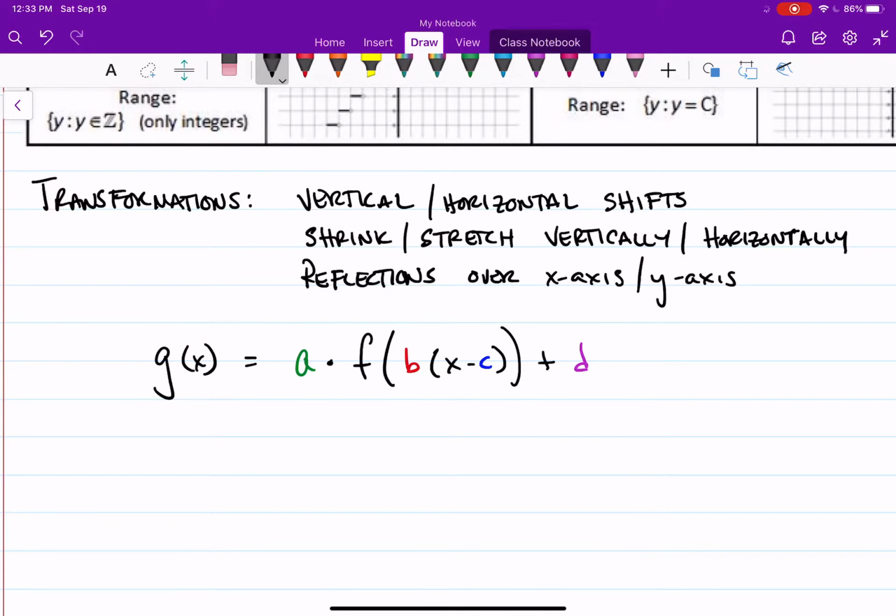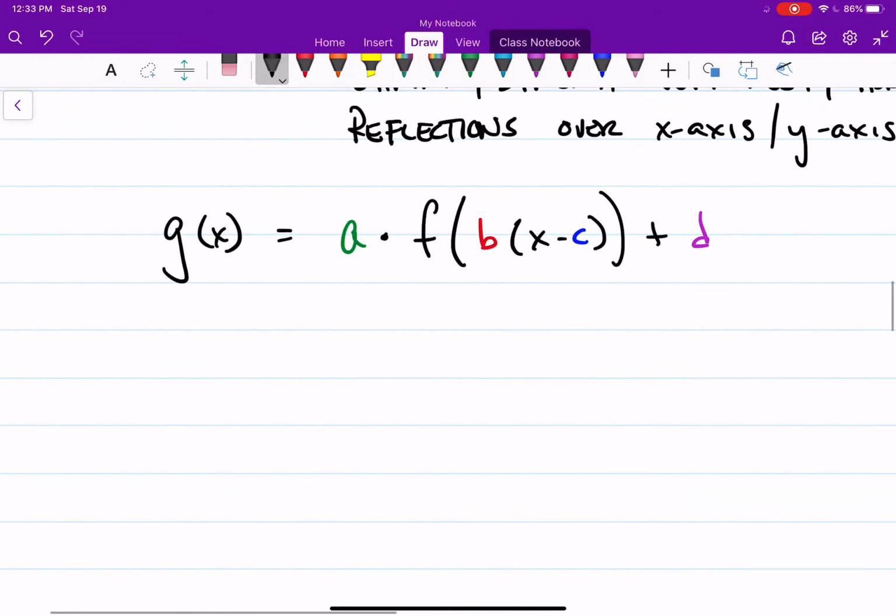And the general formula that you're looking at is something like this, and you're like, wow, this is really confusing. However, if you look at it simply, notice what is attached to just the x and what is attached to f of x. We already know that f of x is a y value. So anything that's attached to f of x would just affect the y value, while anything that's attached to the x will affect the x value.